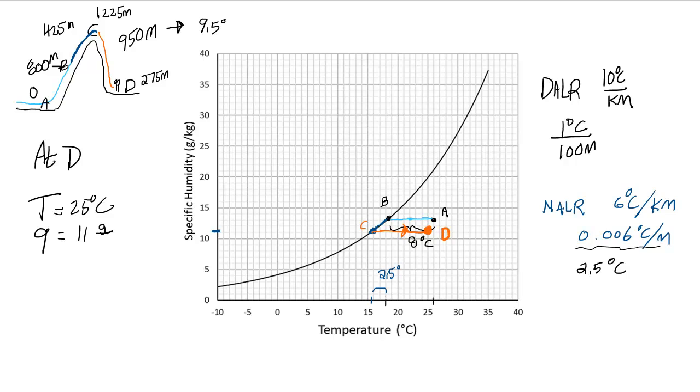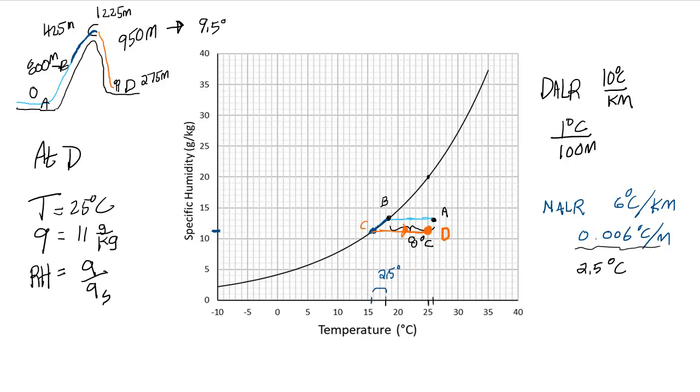per kilogram of air. We are also asked to calculate the relative humidity here. That's easy. All we need to do is take our temperature. We're now at 25 degrees C. We need to know, remember, the relative humidity is equal to the specific humidity divided by the specific humidity at saturation. We have to read that off the graph. So 25, well, what do you know? It makes it nice and easy.